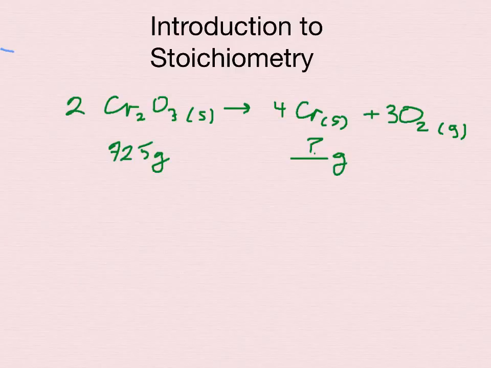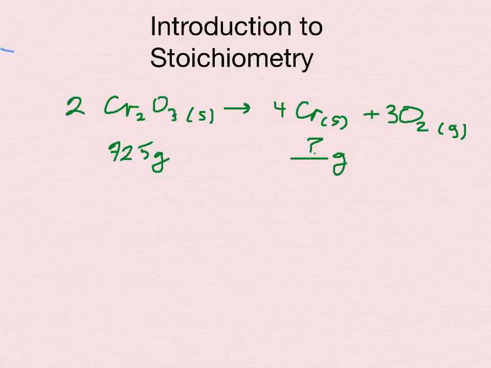The next thing you need to be reminded of is the fact that the grams of one substance into moles is not the same type of calculation as the grams of another substance into moles, because substances have different molar masses.